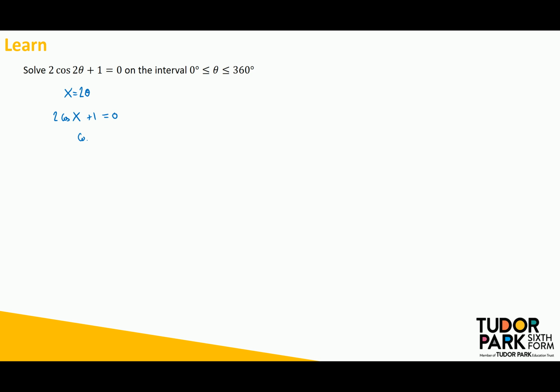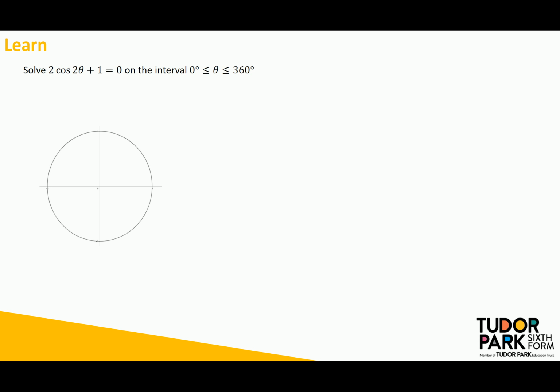Solving that, I get cosine of x is equal to minus a half, so x is going to be 120 degrees. Now this time, again, I need to change my interval, so I'm talking about 2 theta, which is 720. So I'm solving this on the range where x is between 0 and 720.